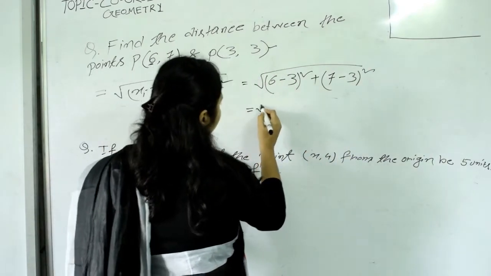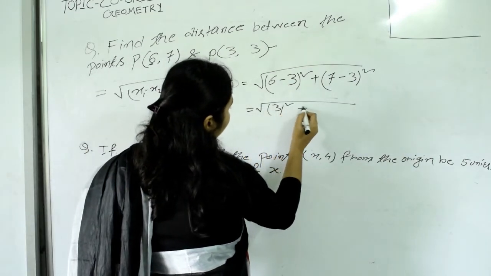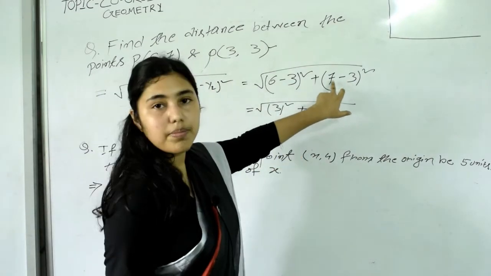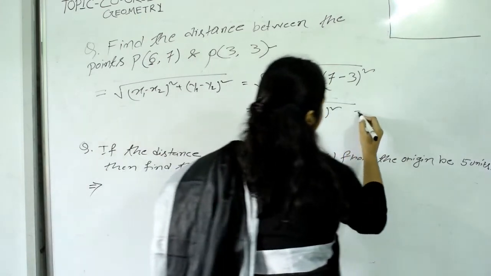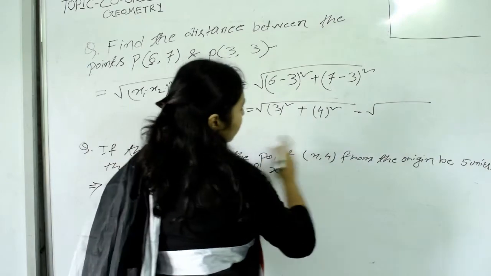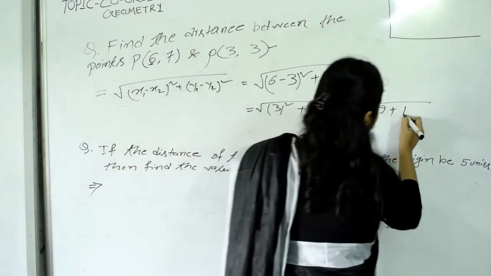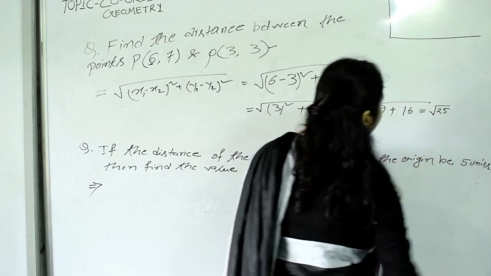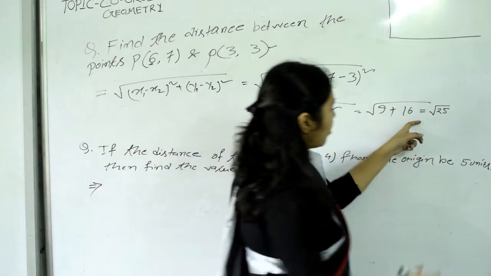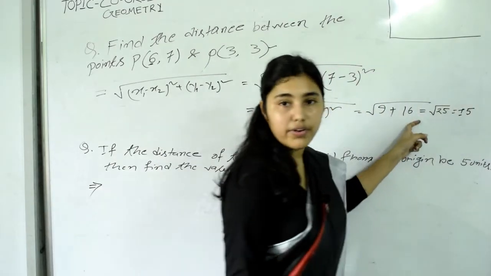Square is equal to root of (6 minus 3), 3 square, plus (7 minus 3), 4, 4 square. This is equal to root of 3 square, 9, plus 4 fours are 16. This is equal to root over 25, which means plus minus 5, right?